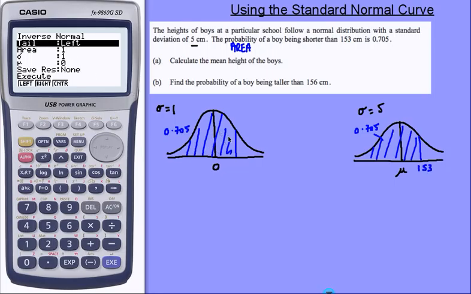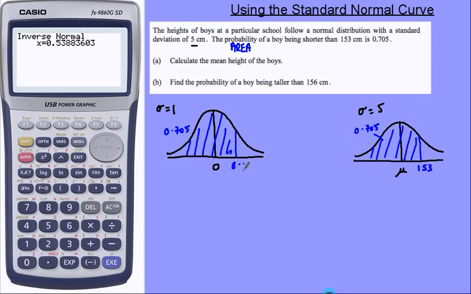The tail, well, left, right or centre, this is a left tail, the area 0.705, and we've got our sigma, which is 1, and our mu, mean average, 0, standard normal, and let's calculate that. That tells me the point, 0.539.